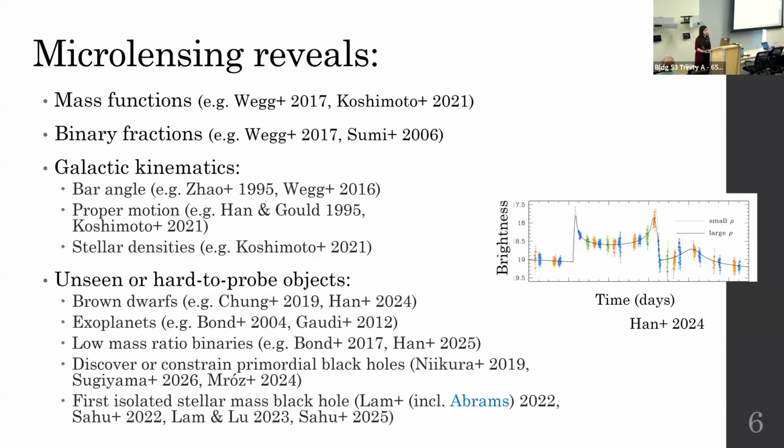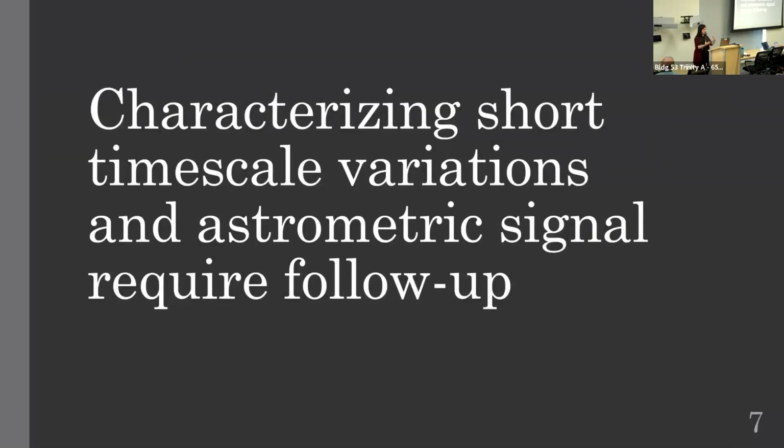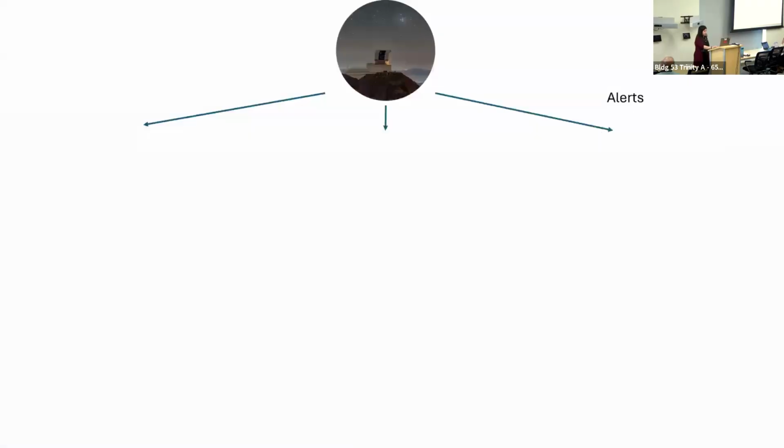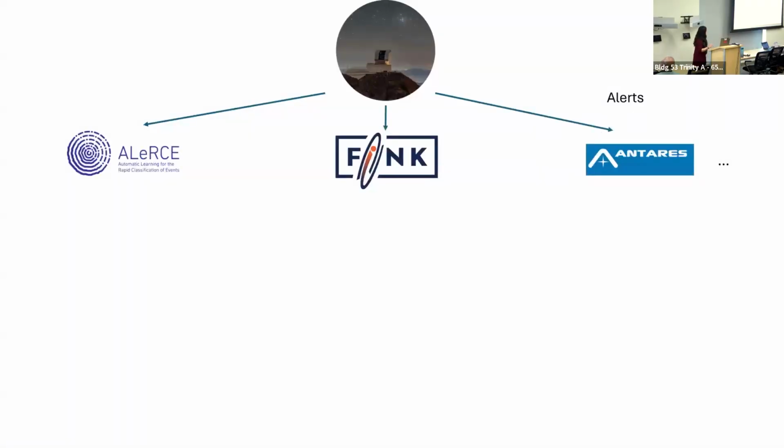And so that's why we care a lot about alerts, to either follow these objects up with high cadence follow-up, or astrometrically, which can be used to break some of the degeneracies I mentioned earlier. And so the Rubin TDS microlensing subgroup has been working on a few different filters for Antares.